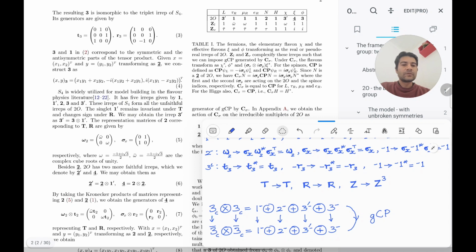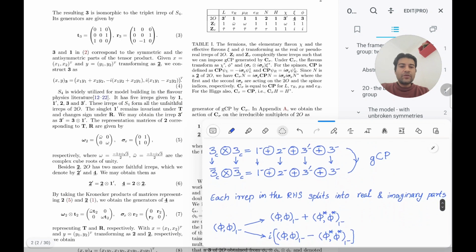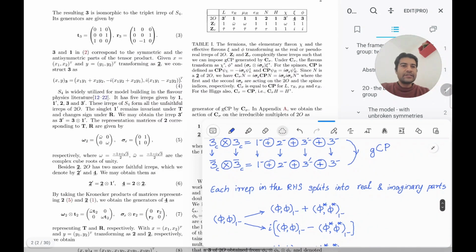However, if you look at how they are constructed from the triplet phi, we can see that, for example, this first object here is phi 1 minus, while this object here is phi star 1 minus. Both these objects transform in the same way. That's why in these two equations they appear the same, but their construction is different.